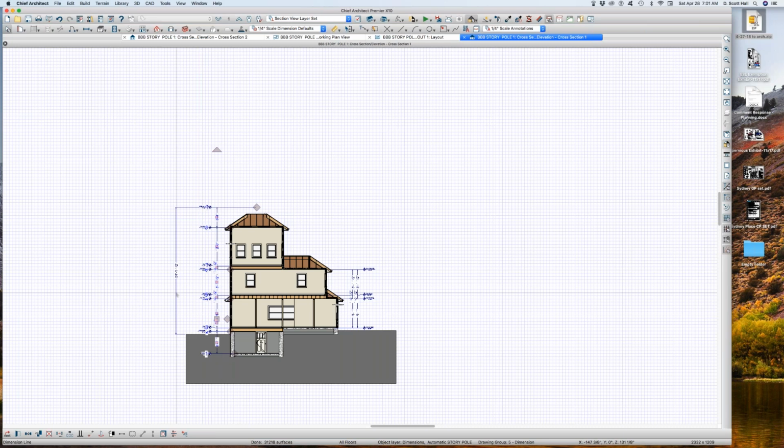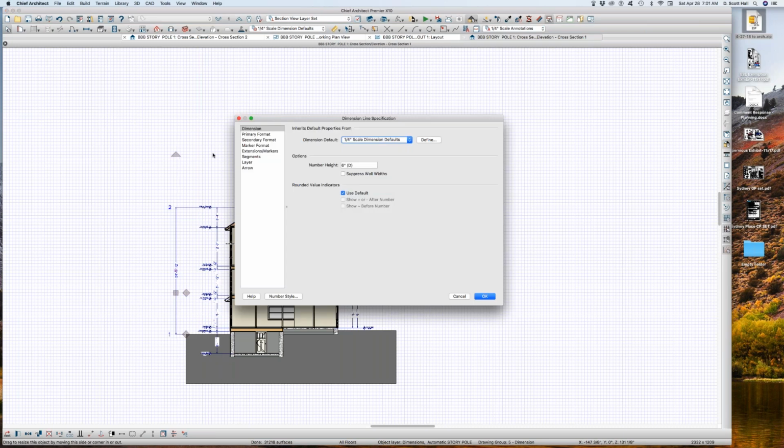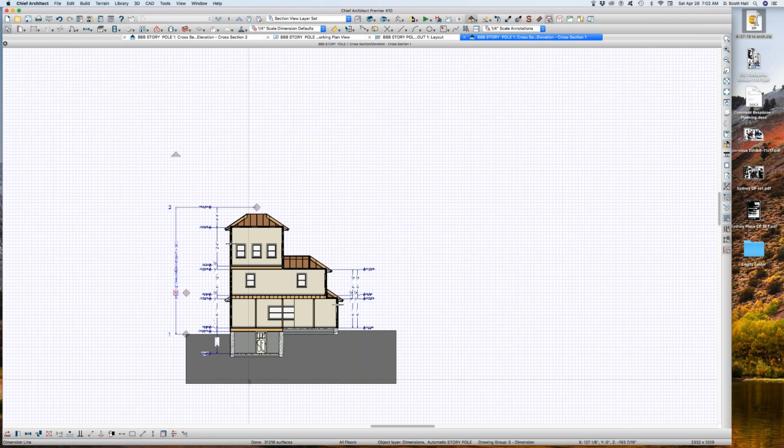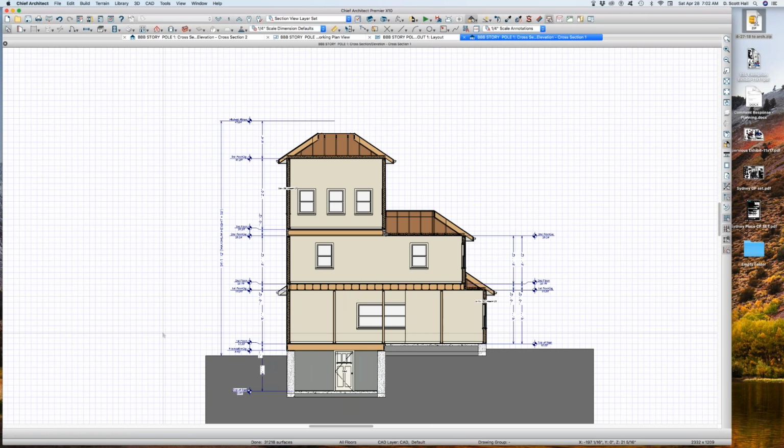And the plan reviewer wants to know the maximum height, in the following text: maximum height equals 30 feet. There. That's what I like. That's the way I would do it if I had it.